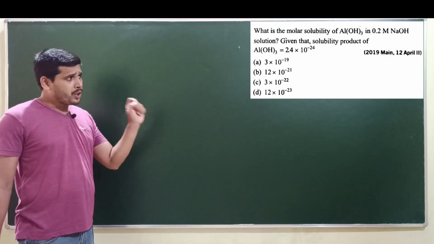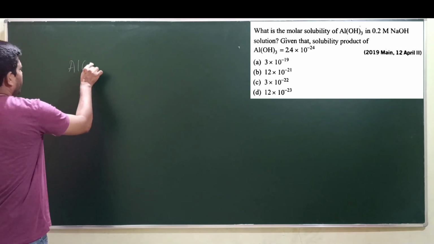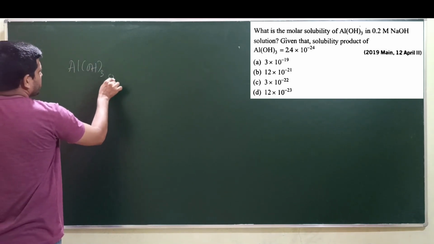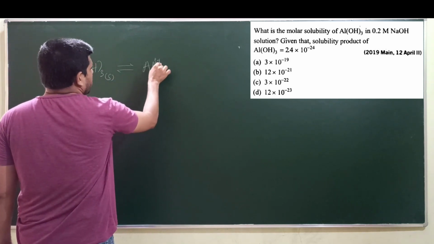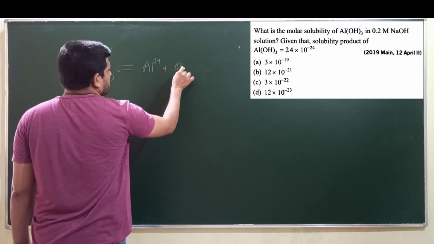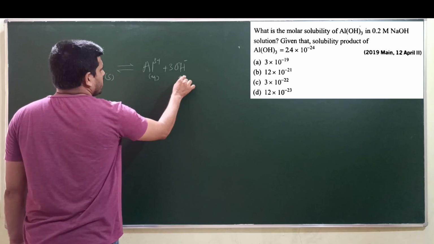At the beginning we write the solubility product expression for aluminum hydroxide. Al(OH)3 dissociates to give aluminum ion plus 3 hydroxide ions, in the aqueous phase.